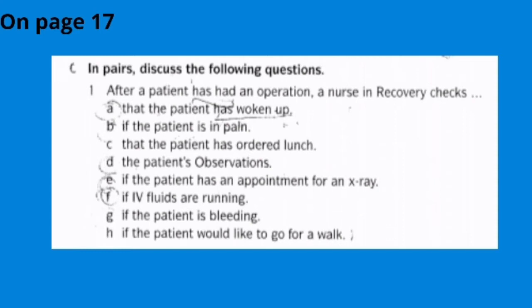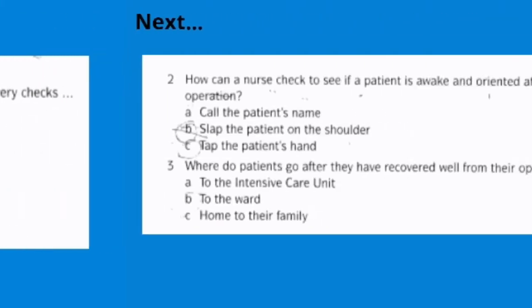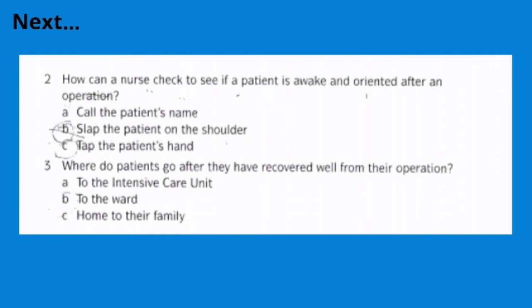Okay, then let's continue number 2. How can a nurse check to see if a patient is awake and oriented after an operation? A, call the patient's name, memanggil nama pasiennya. And then yang B, slap the patient on the shoulder. Oh my god, ini anarkik sekali. Kalian jangan jadi nurse yang seperti ini ya.